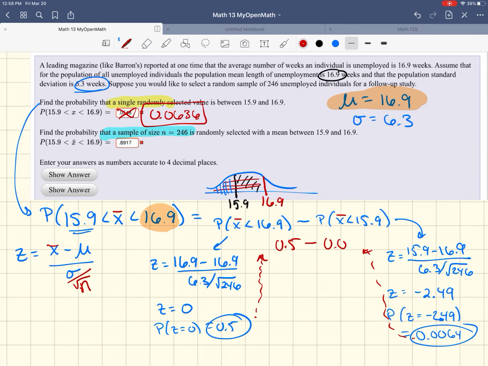So plugging that up here, 0.0064. Then subtracting the two, 0.5 minus 0.0064 is 0.4936. So this probability here will be 0.4936.